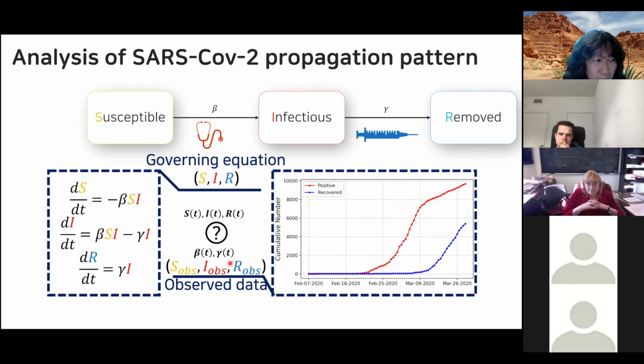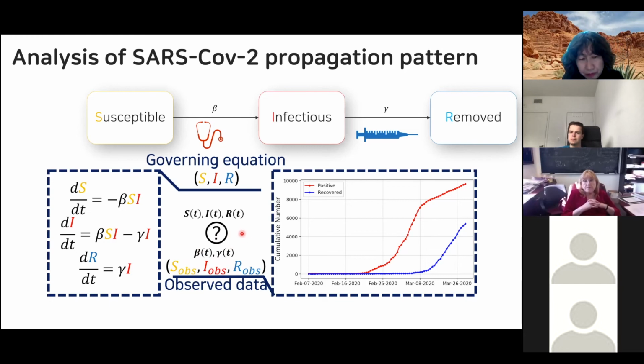Simulation or computation can be relatively easy if beta and gamma are assumed to be constant for the entire period or for a specific period unit. However, if these coefficients, beta and gamma, are assumed to be functions that change with time, then the deterministic approach has some limitations.